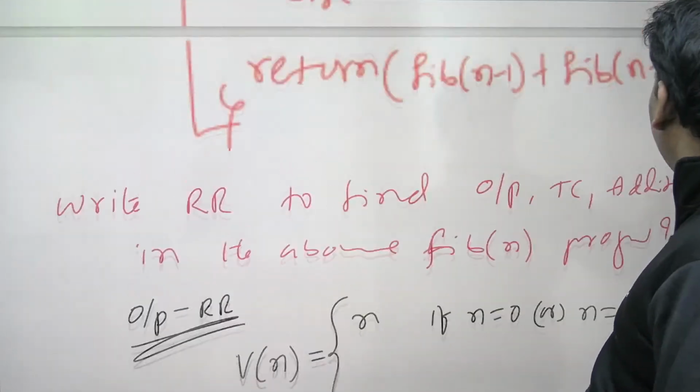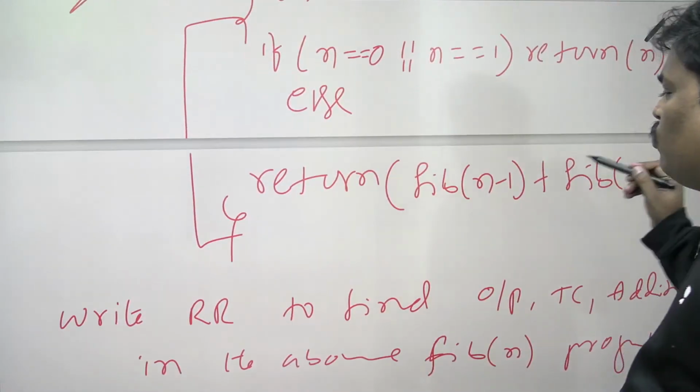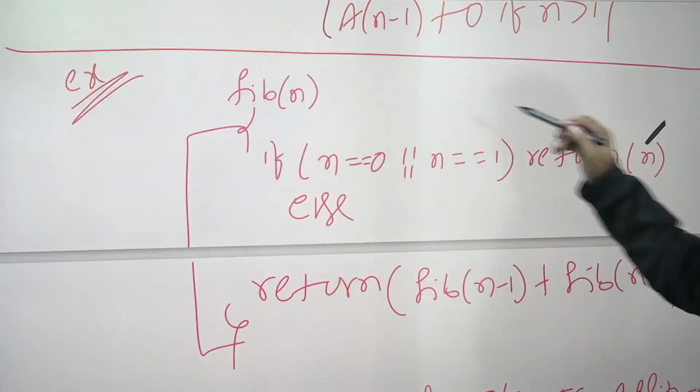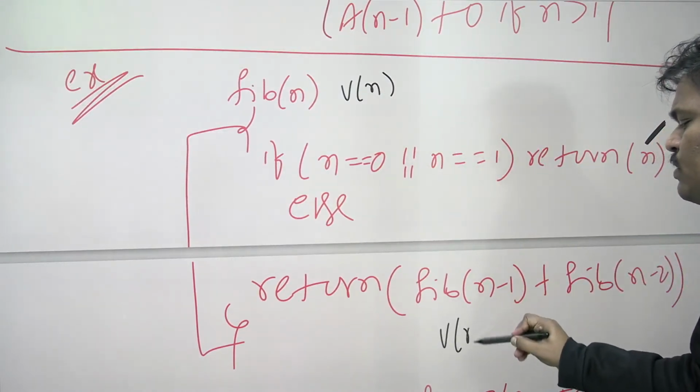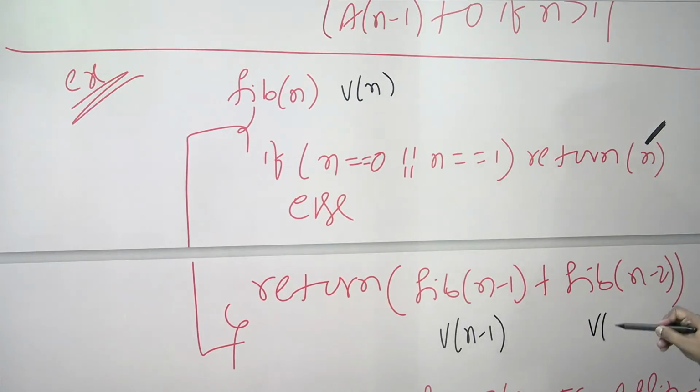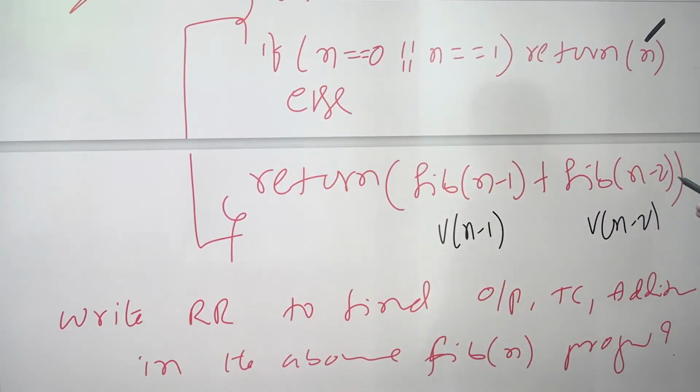Otherwise, can you go to the else part? What is the answer? If Fibonacci of n is V of n, Fibonacci of n minus 1 is V of n minus 1, Fibonacci of n minus 2 is V of n minus 2. We cannot do any change in this. Because it is the output, write as it is.